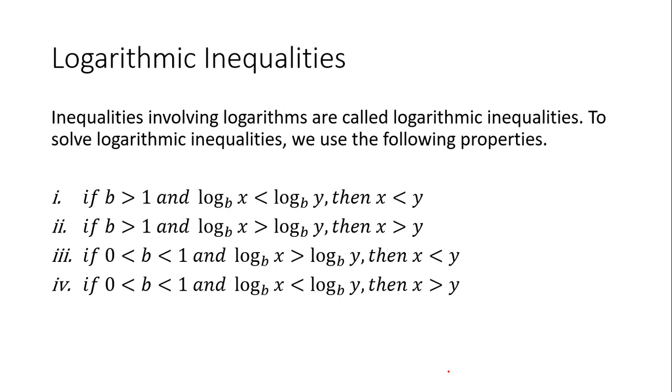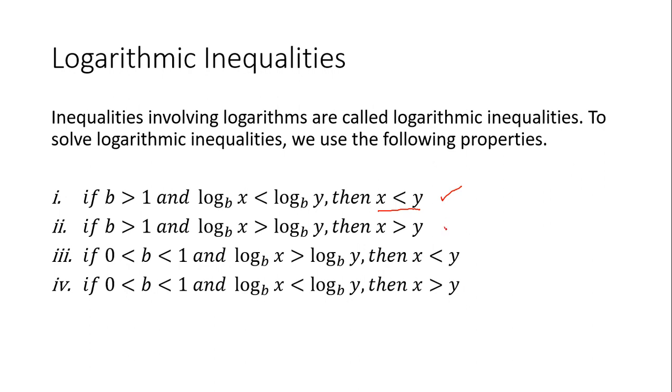Okay? So, here are the four properties. Number one is if the base is greater than 1 and the logarithm of x with the base of b is less than the logarithm of y with the base of b, then x is less than y.